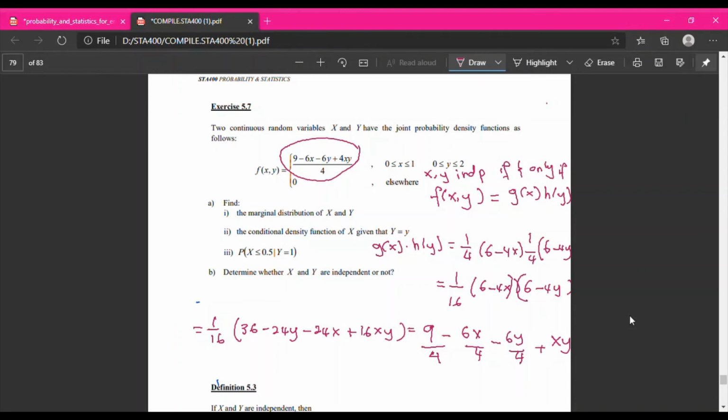So we can conclude that x and y are statistically independent. Since fxy equals hy multiply gx. Okay, so that's the answer.